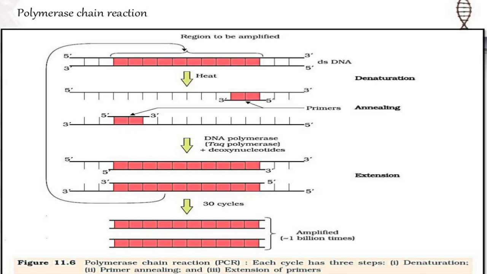See the steps of polymerase chain reaction. The region to be amplified is shown in red color. The double stranded DNA is denatured, changing into single stranded in the presence of heat, then addition of primers, that is annealing, and then in the presence of DNA polymerase and deoxynucleotides, the polymerization reaction starts and forms double stranded copies, that is extension.